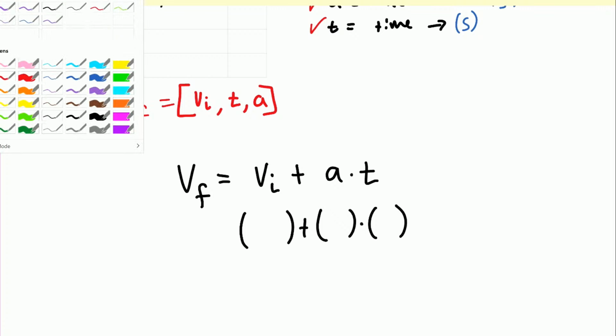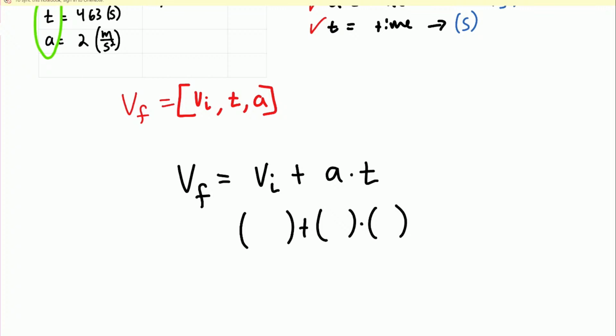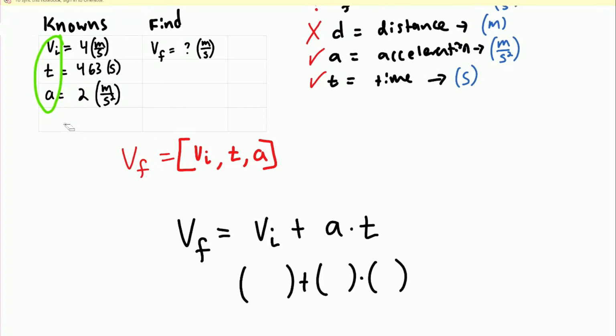Now, this is the easy part. All I have to do is plug in the value for v sub i, which is 4. The value for a, I've got 2. And the value for time, I get 463.